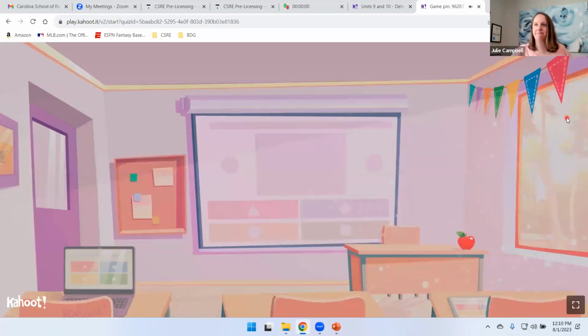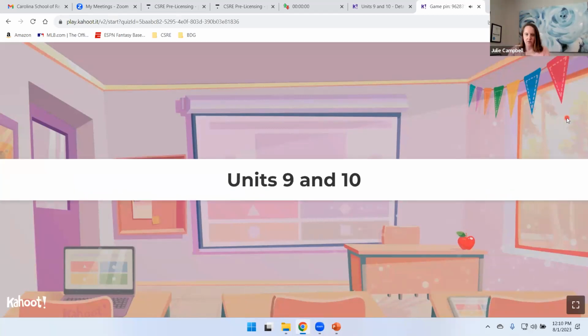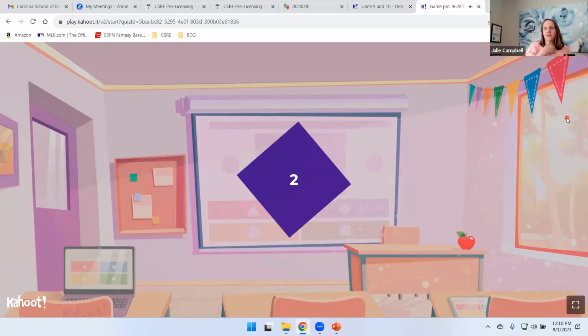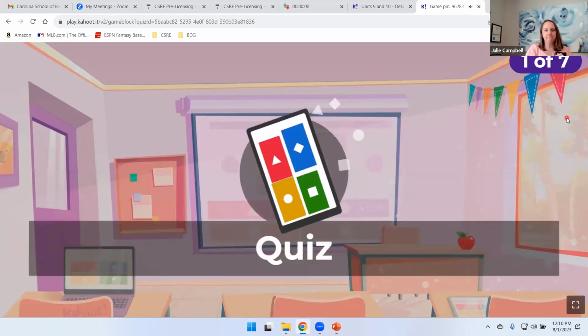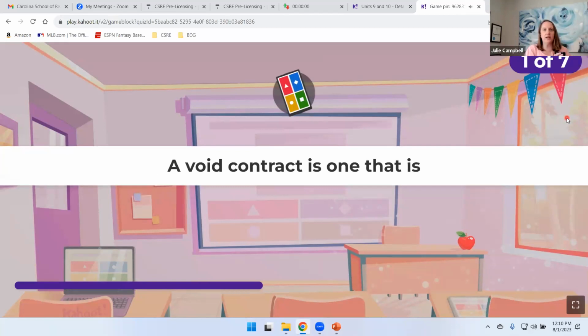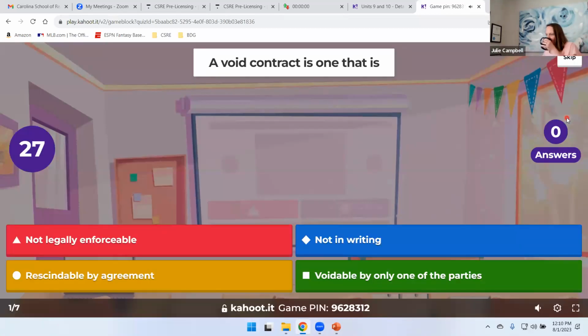Units 9 and 10. Question number 1. A void contract is one that is... ten seconds.